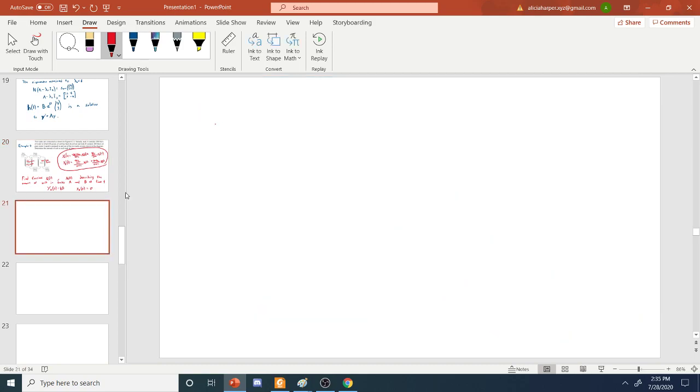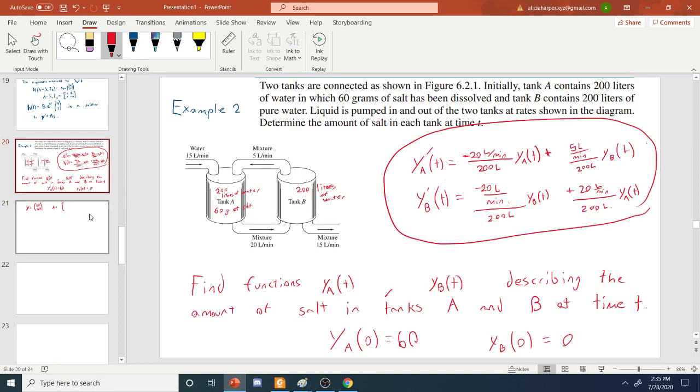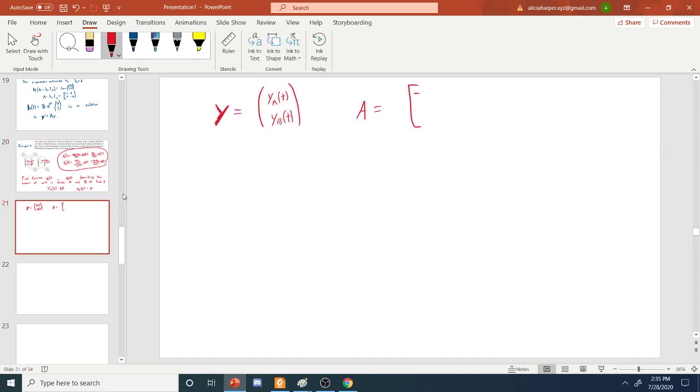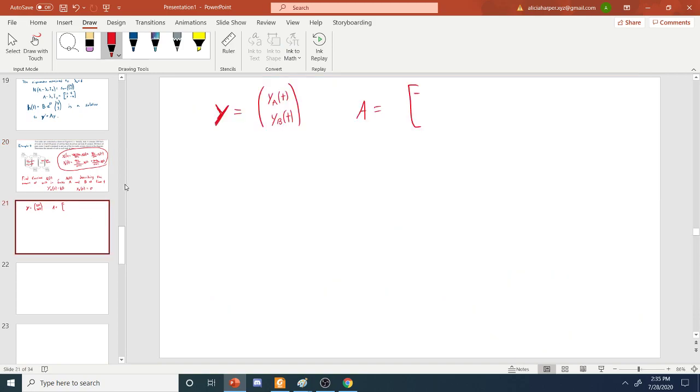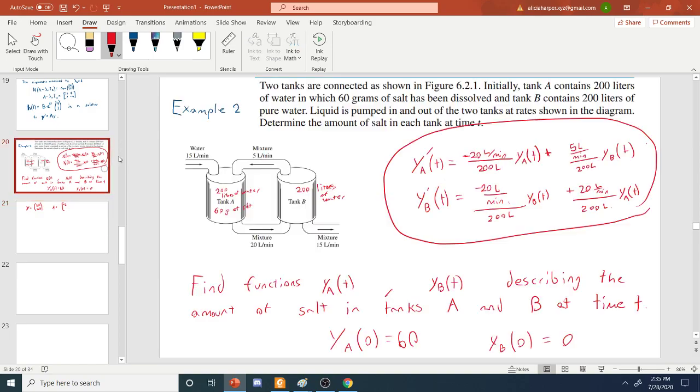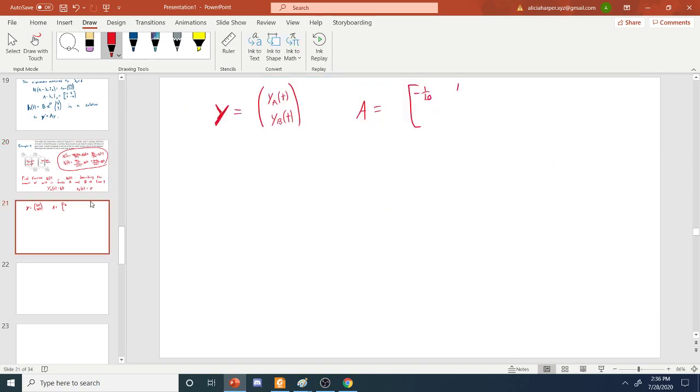So if I write down boldface y for the vector that has YA of t as the first component and YB of t as the second component, and I write down A for the matrix, which has entries, so -20 over 200 is the same as -1 over 10. 5 over 200 is the same as 1 over 20.